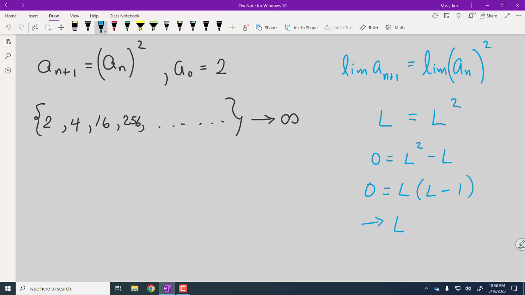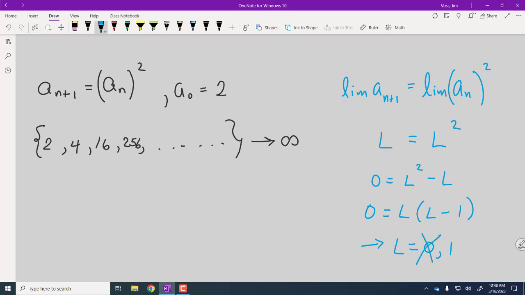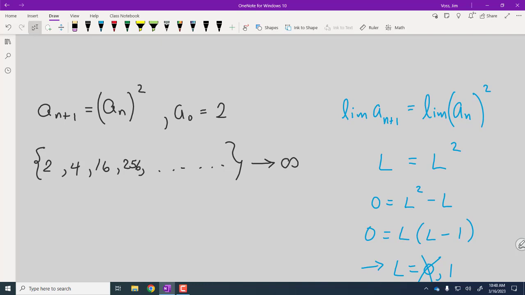So this tells us that L is equal to 0 or 1. Certainly we know it can't be 0 because all the numbers are positive. So this technique is telling us that the limit of that sequence, if it exists, is 1. Obviously, the limit of that sequence doesn't exist. So obviously, that 1 is meaningless in terms of taking the limit of a sequence.